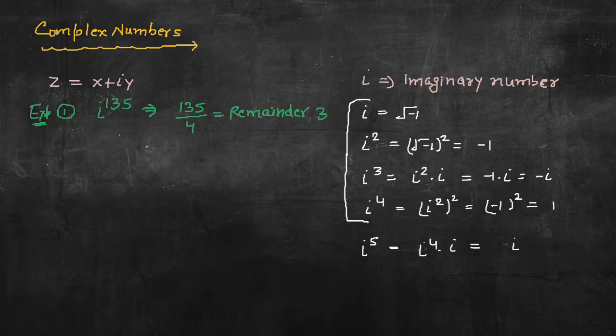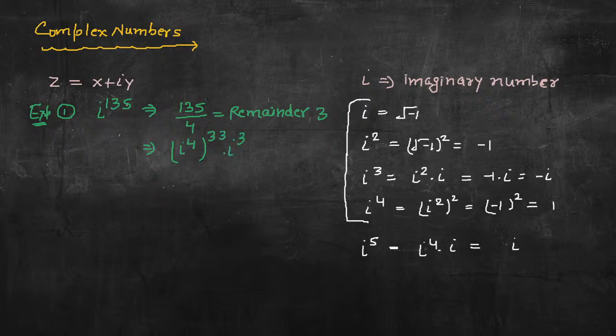So you can write iota raised to power 135 as iota raised to power 4, raised to power 33, into iota raised to power 3.